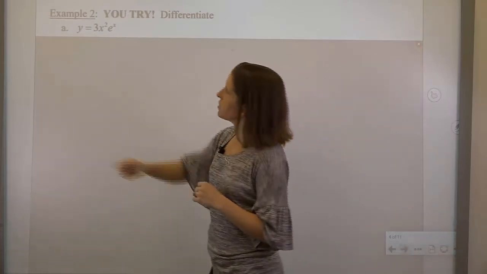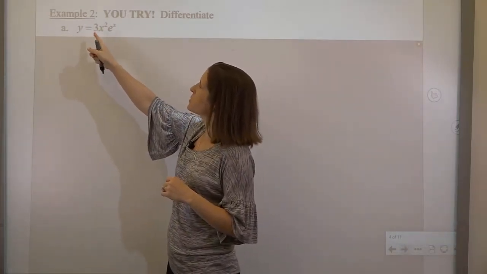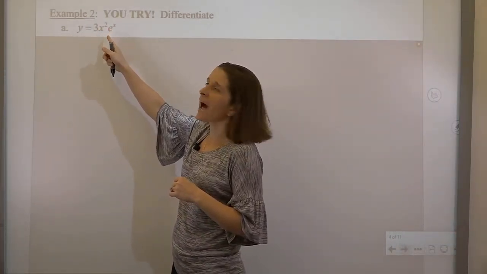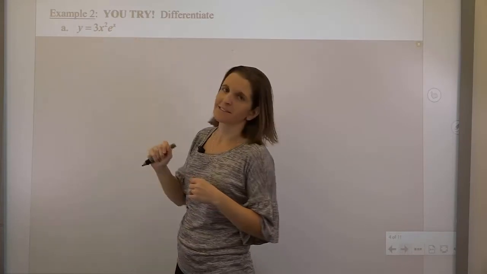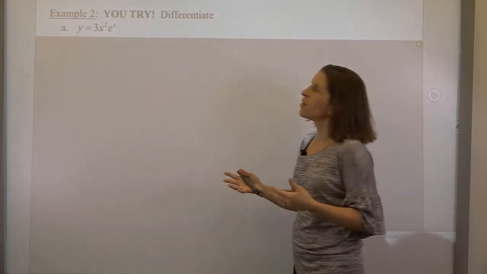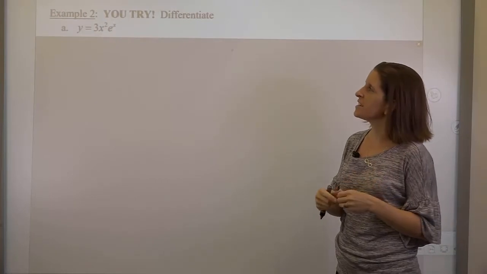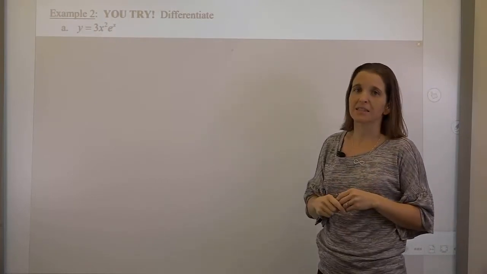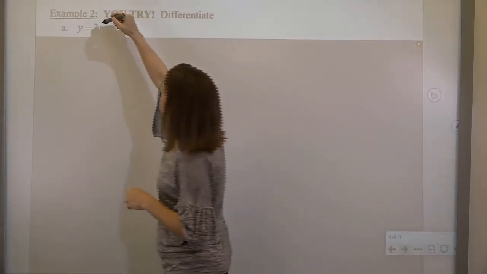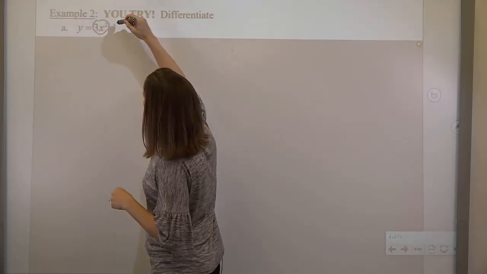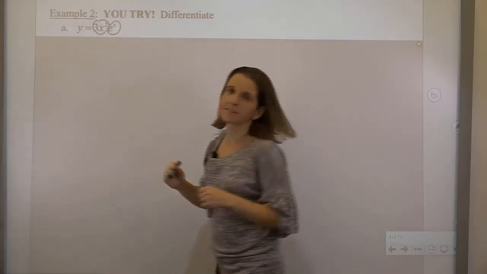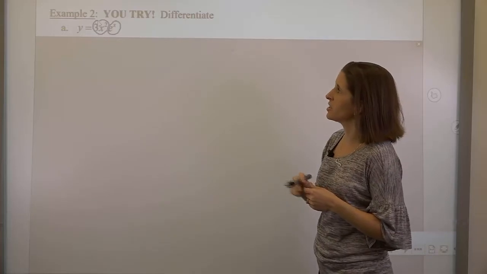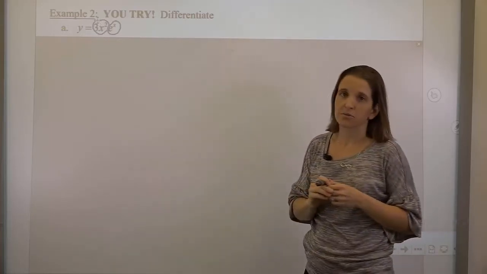So if you read this over the phone, you would say y equals 3x squared times e to the x. If you have to say times, or should say times if you're being really clear, when you're reading it, then you need the product rule. I have one function of x, 3x squared, multiplied by a different function of x, e to the x. And that's my indication that I need the product rule.